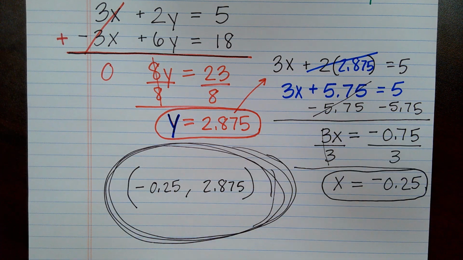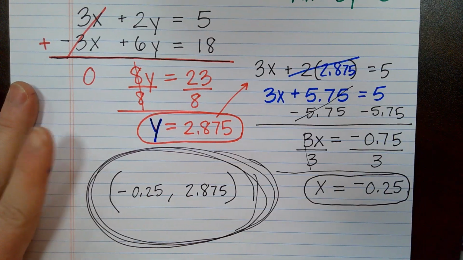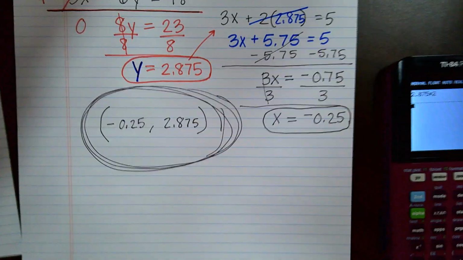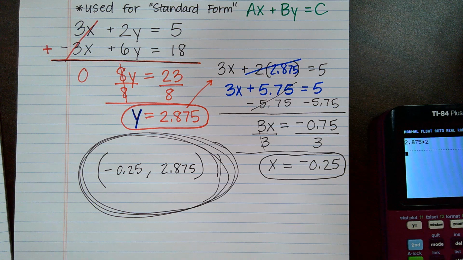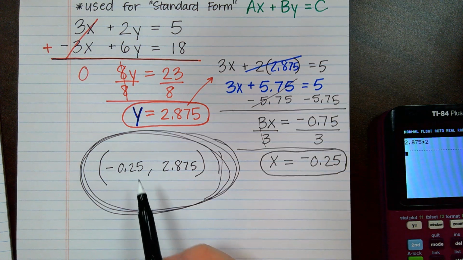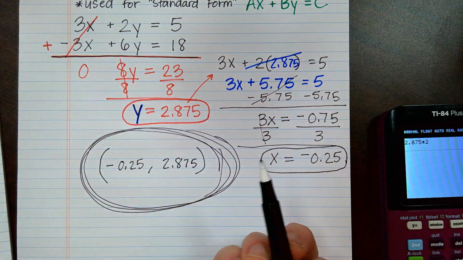Okay. So the way to check is, I'll write it out first. It takes a little longer to check. I'm gonna plug both of these into the equation and make sure that my equation is true.